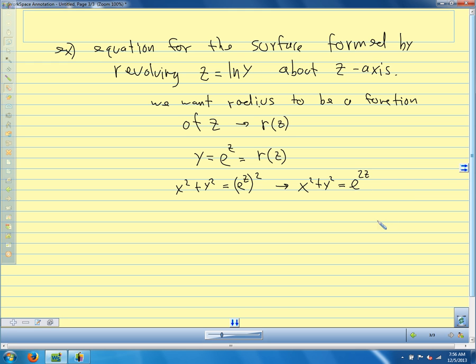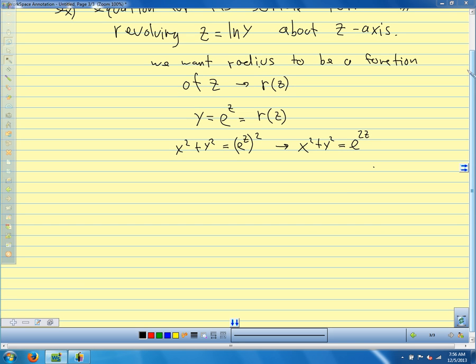So let's look at what the surface is going to look like. Draw our axes here. This is my favorite part of all of these surfaces, thinking about what they're going to look like. So in the YZ plane, my graph is y equals e to the z.